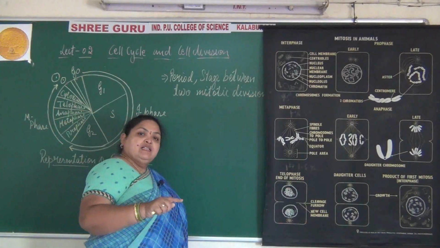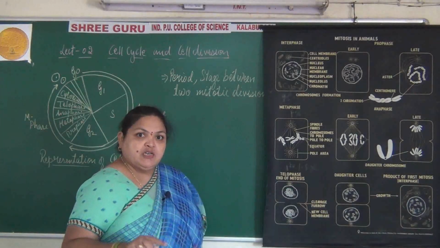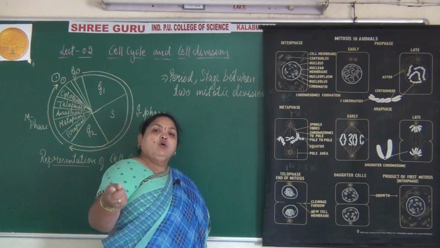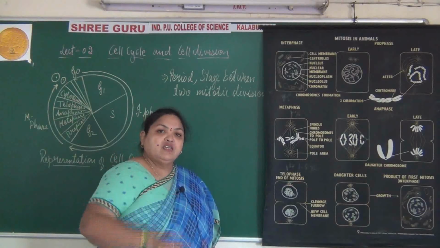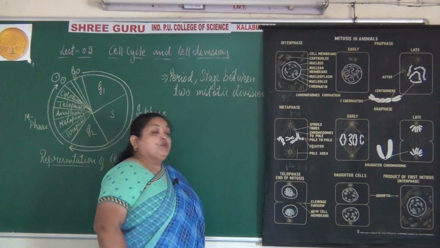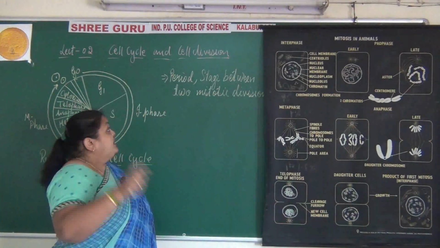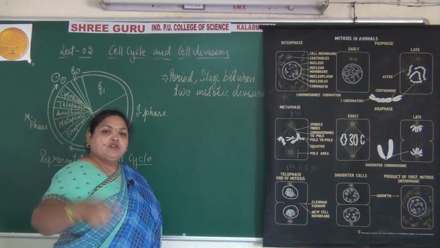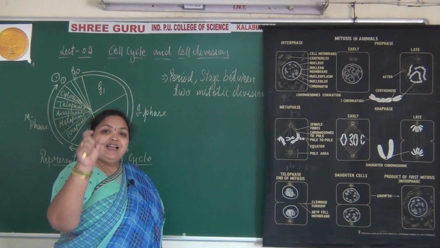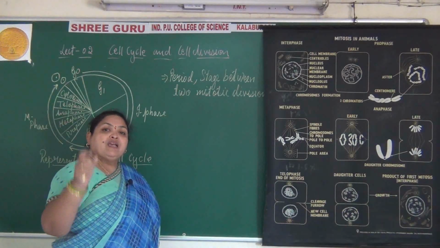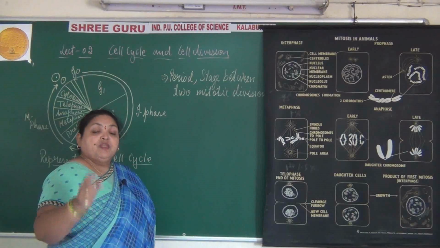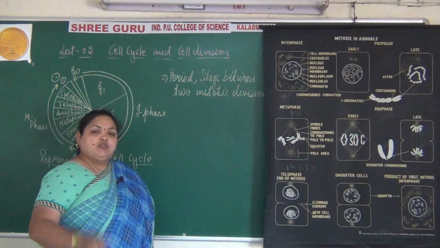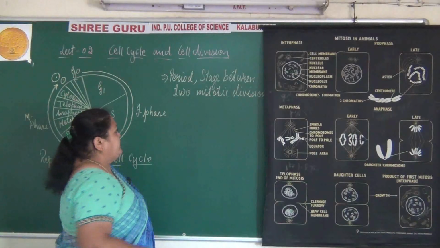Again, the daughter cells, with certain changes, are metabolically active and undergo further the process of cell division. So here it is preparing itself for the process of cell division. That stage where it prepares itself for cell division is the interphase, a stage between two mitotic cell divisions.